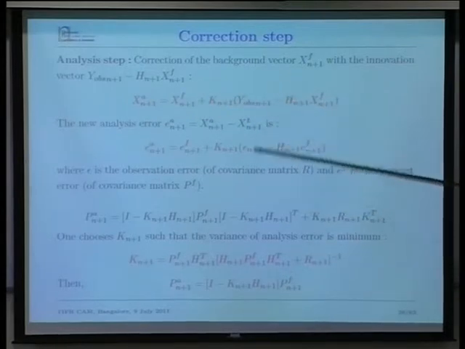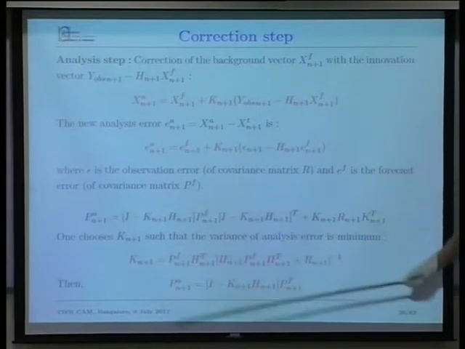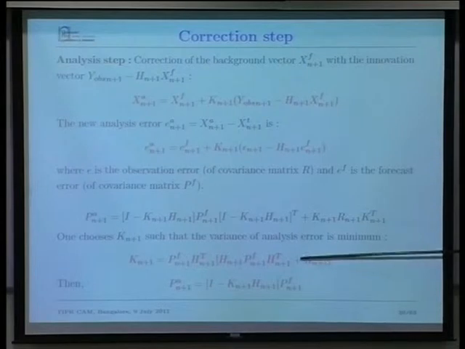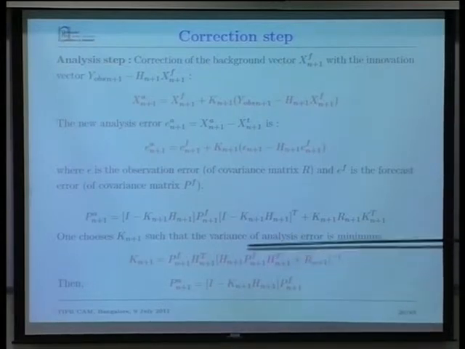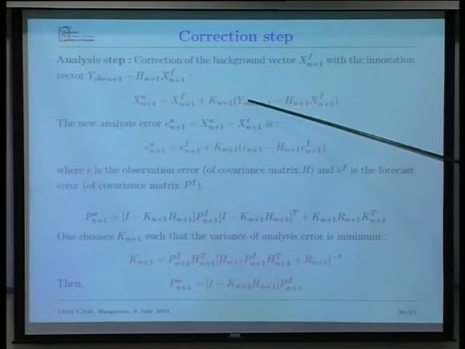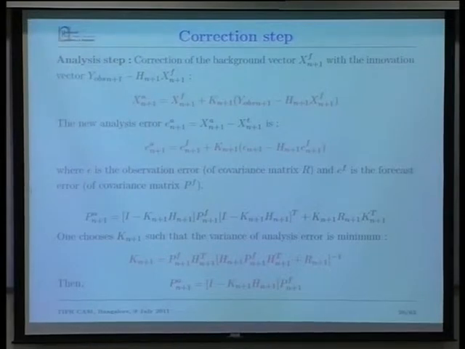So you have to minimize, in some sense, the covariance matrix of the analysis here, and you find the best possible matrix, which is the Kalman matrix here. And then you can update the forecast state with this Kalman matrix, and you can also compute the new covariance matrix of analysis error.